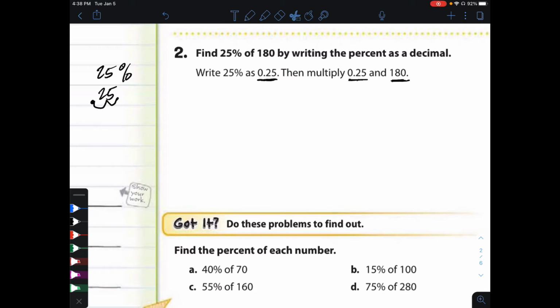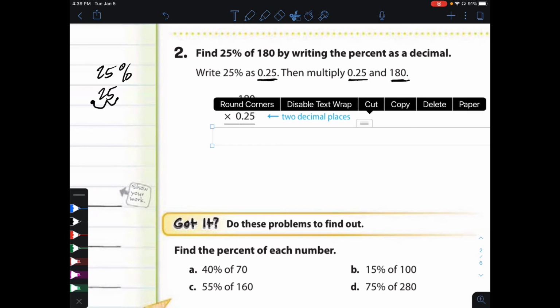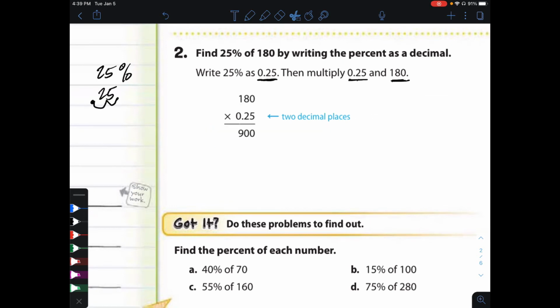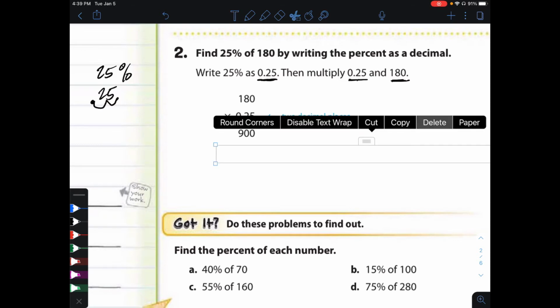Using our multiplication skills, we'll set this up vertically: 180 times 0.25. Remember that there are 2 decimal places. We first multiply 5 by 0, 8, and 1, and we end up with 900. Then we multiply 2 by 0, 8, and 1, and we end up with 360.